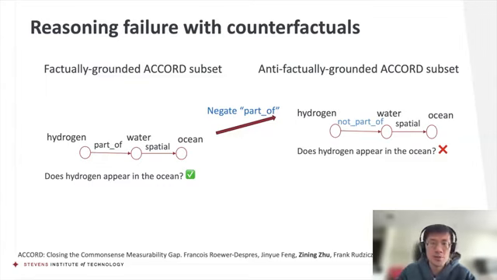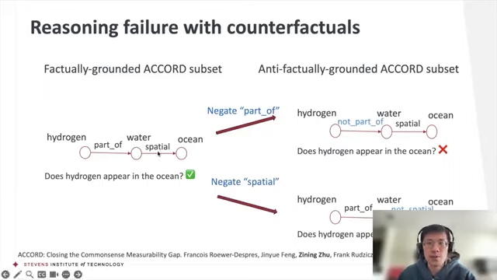Another way of perturbation is to perturb the spatial relation. So in that case, hydrogen is part of water, but water is not in the ocean. Something else might be in the ocean, but we do not know based on this counterfactual setting.